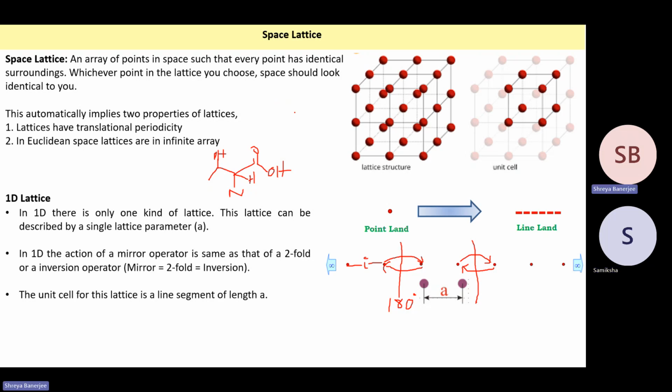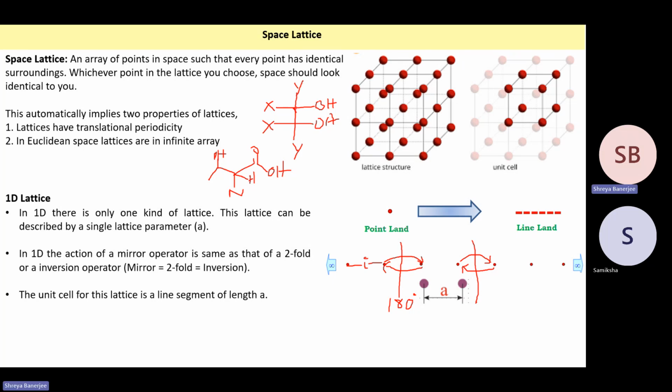But in one case, this chirality gets cancelled out. Have you read about meso compounds? Yes ma'am, but I can't remember exactly. Let me show. So if you have OH, OH, X, and just imagine this is Y. This carbon is chiral.